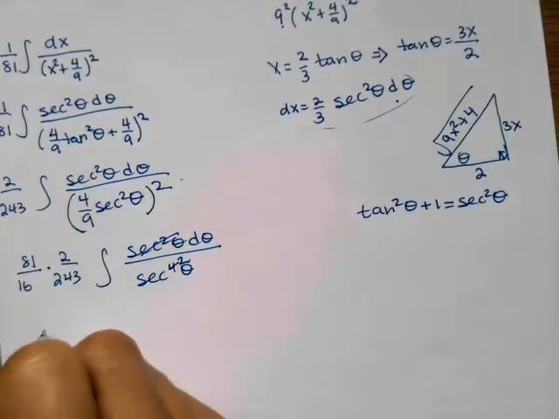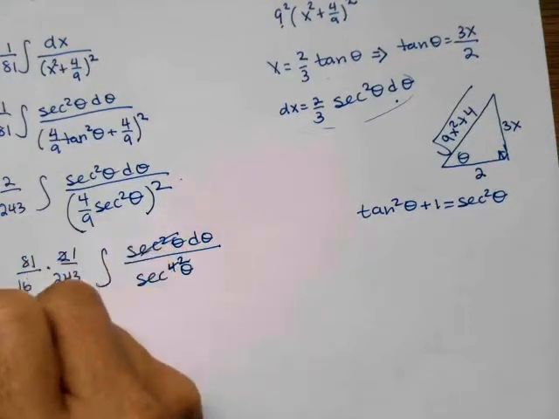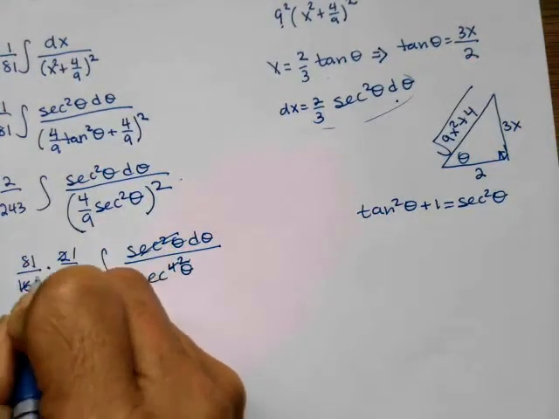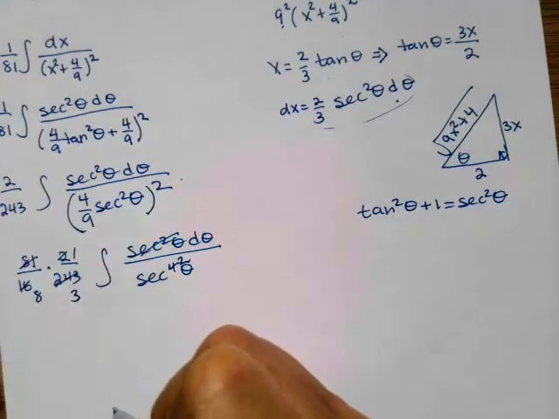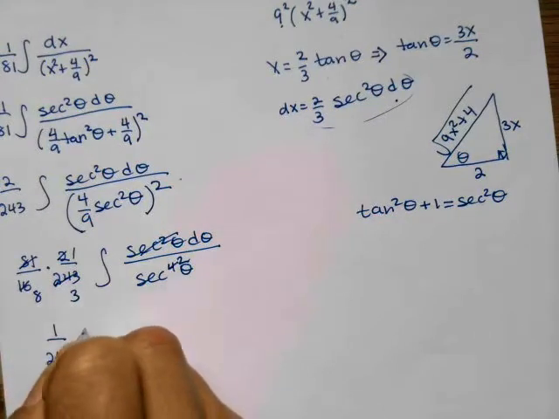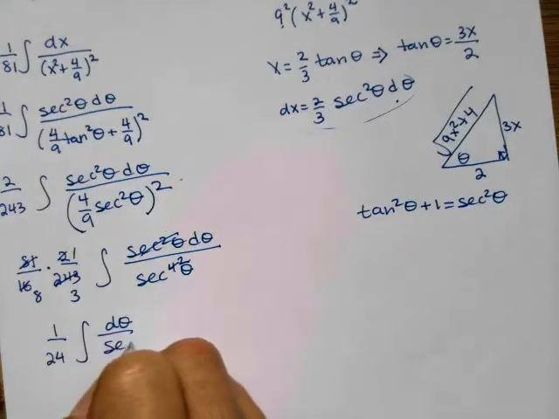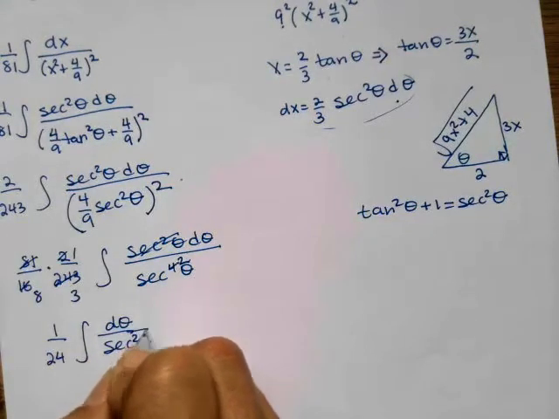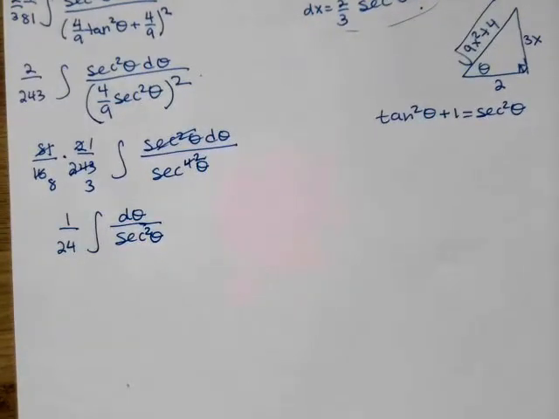I don't even want to try to do that kind of math right now. Oh gosh, okay. 8, I'm pretty sure that's just a 3. Yep, okay, so I've got 1/24 integral d theta over secant squared theta. Okay, breath. Now, secant squared theta, right?